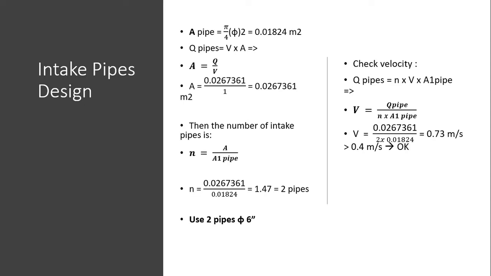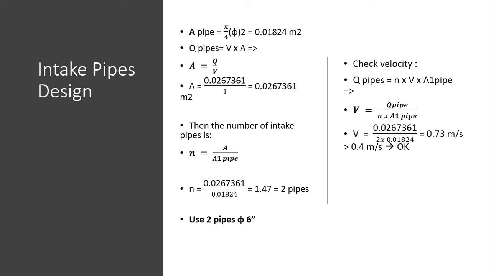The flow has the formula Q equals V times A, where V is the velocity and A is the area. So we can calculate the area needed to have the flow for the design. Then the number of intake pipes is N equals A, the area needed, over the area of one pipe.